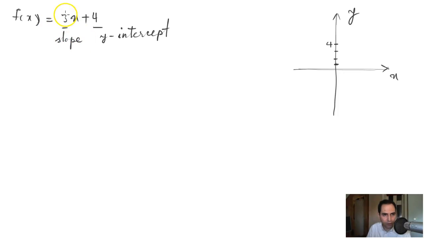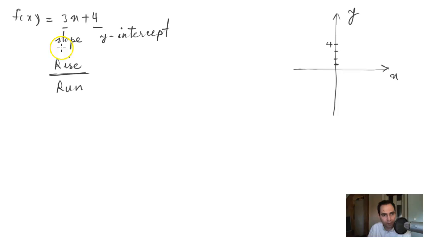And the slope of any linear function is basically your rise over run. That means how your output is changing in contrast to your input.